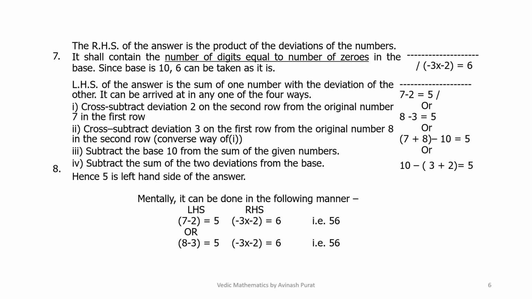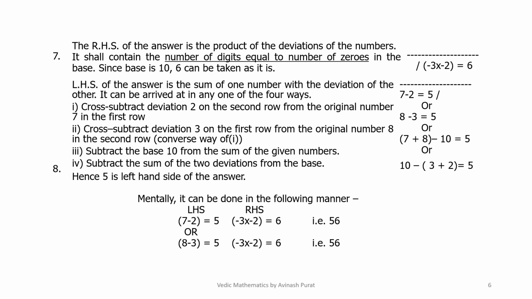Or subtract the base 10 from the sum of the given numbers: 7 plus 8 is 15, minus 10 equals 5. Or subtract the sum of the two deviations from the base: 10 is the base, 10 minus 3 minus 2 equals 5. Hence 5 is the left hand side of the answer.